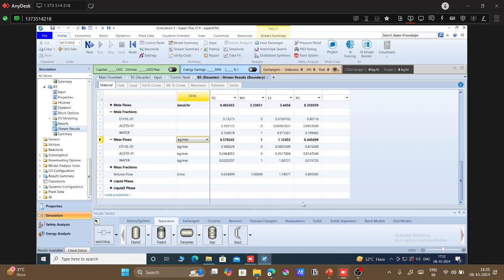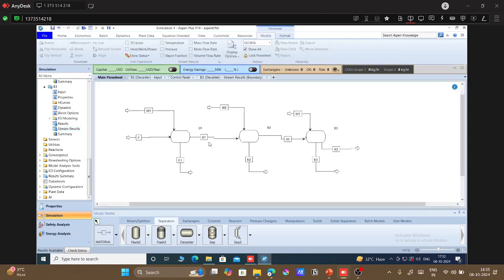So this is how the separation of ethyl acetate is achieved. Here we have not used any extraction column, rather a series of decanters. In a way, this acts as an extraction column with three different stages, where solvent is introduced at each stage, right?